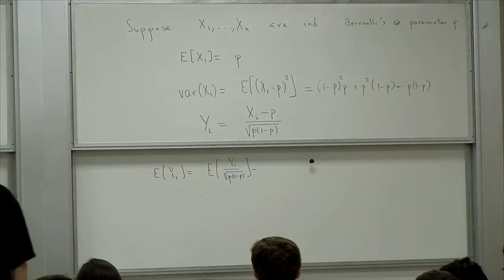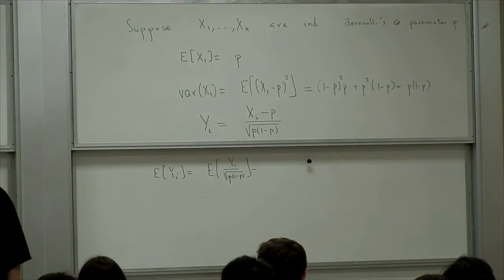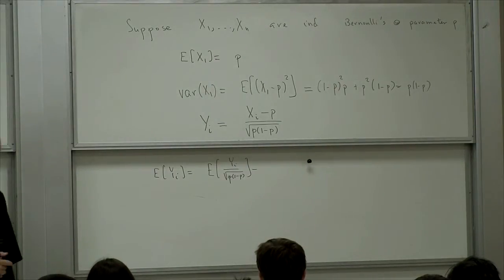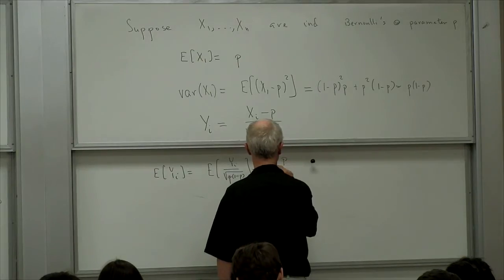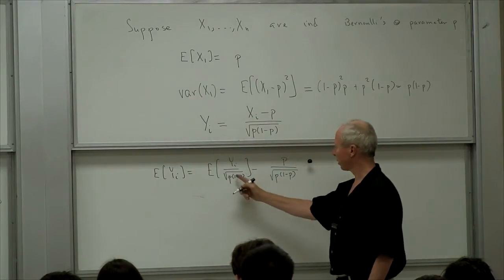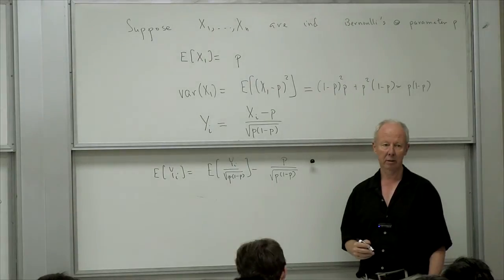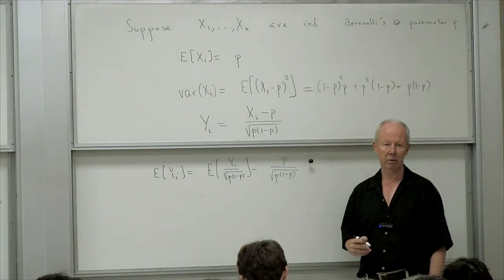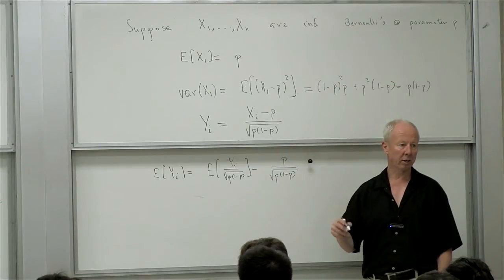Those are fixed numbers. What do you expect 2 to be? 2. What do you expect p over root p(1 minus p) to be? p over root p(1 minus p). It's not random, so its expected value is the value. And here's a constant times a random variable. When you're taking expected values, that behaves like taking integrals. If you take an integral of a constant times a function, what do you do with the constant? Pull it outside of the integral, right?